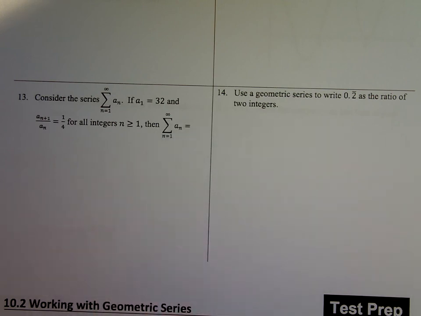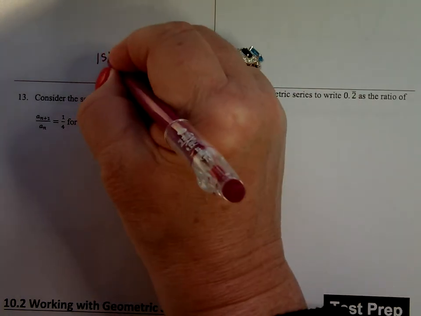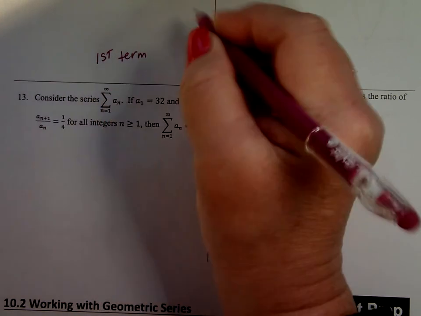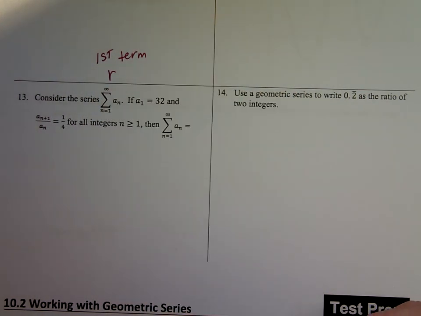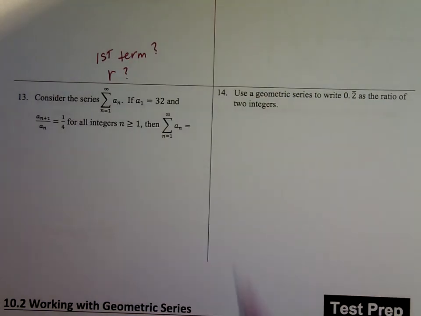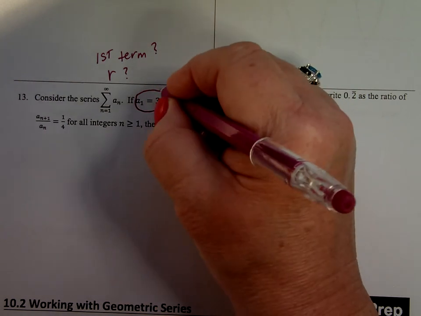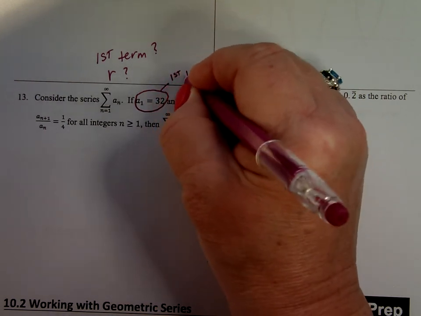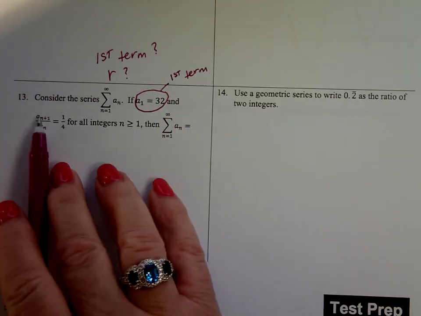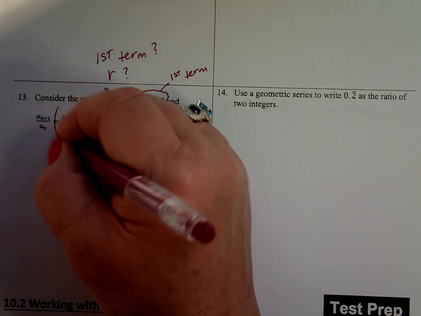So here, what are they giving me? A lot of things are depending upon what the first term is, right? And what your r is. They're the two big questions as you're doing these problems, right? So they're telling you right here, a sub 1 is 32. Well, that's your first term. And they're saying that the ratio, this is actually a different way of writing the ratio. This is all saying that your ratio is 1/4.